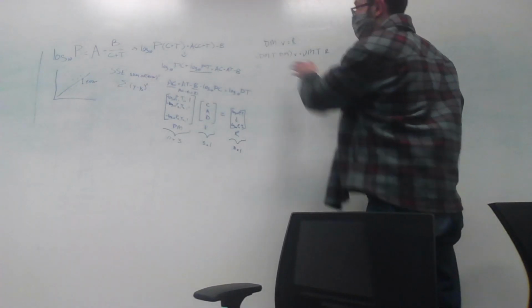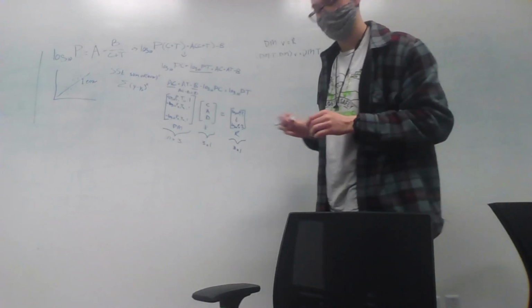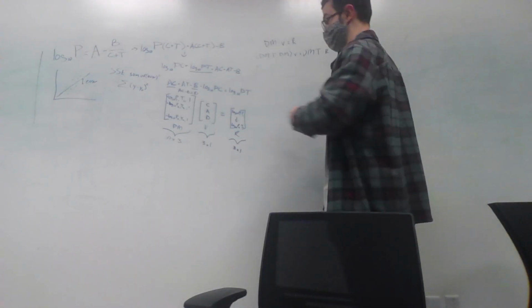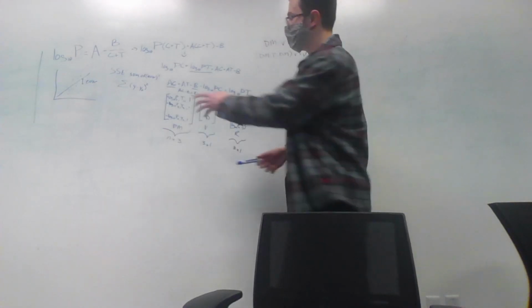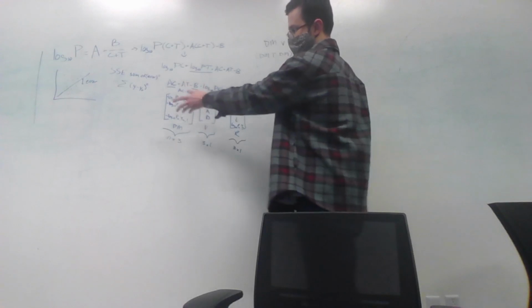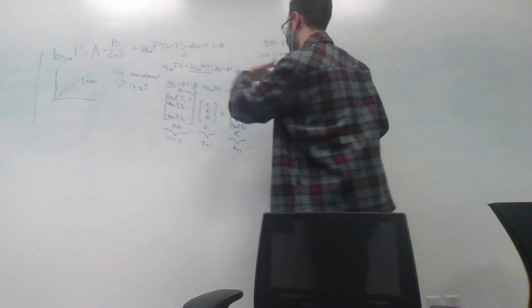Now, DMT means the transpose of the design matrix. That means that instead of an n by 3, it is a 3 by n. You simply swap the number of rows and number of columns.